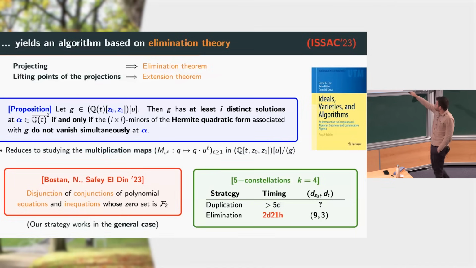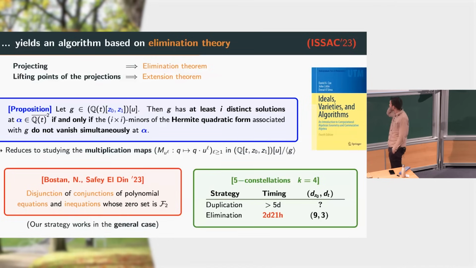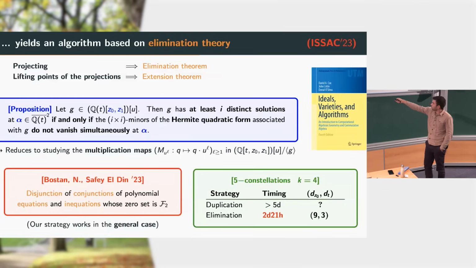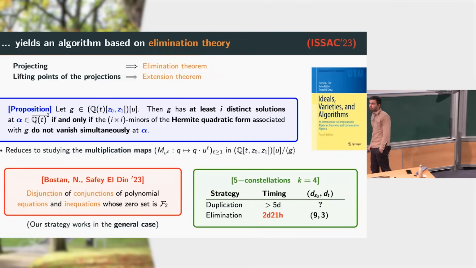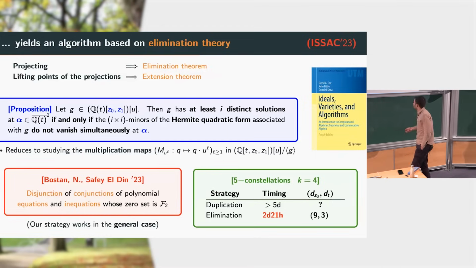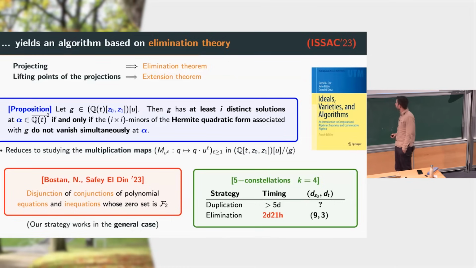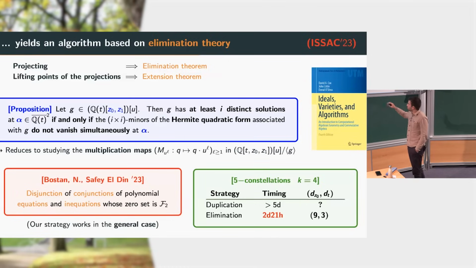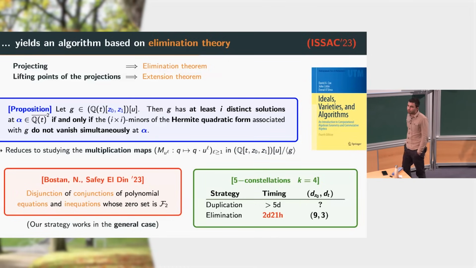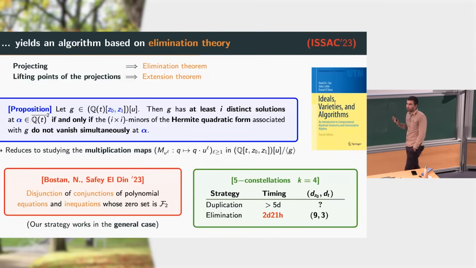Using the state of the art, we stopped the computations after 5 days. Using the results that I presented up to now, we could compute the annihilating polynomial in less than 3 days and observe that the output is very small for 3 days of computations on a regular laptop. If I have time, I will show you how to decrease from 3 days to 3 hours. I don't know if I will have time.